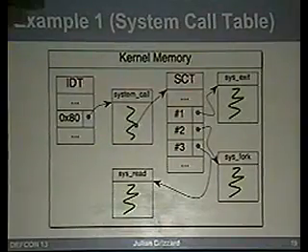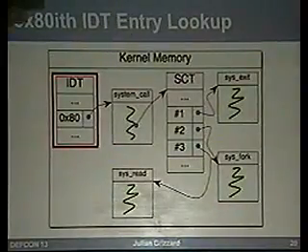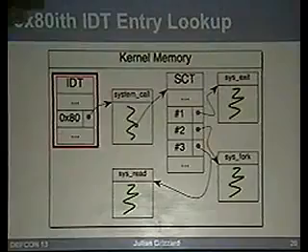What happens? Well, the first thing that happens is your user space process issues an int 0x80 instruction, which is a software interrupt, which indexes into the 0x80th entry of the interrupt descriptor table. And that's shown right here. So as soon as you issue that interrupt, you go over to the kernel.